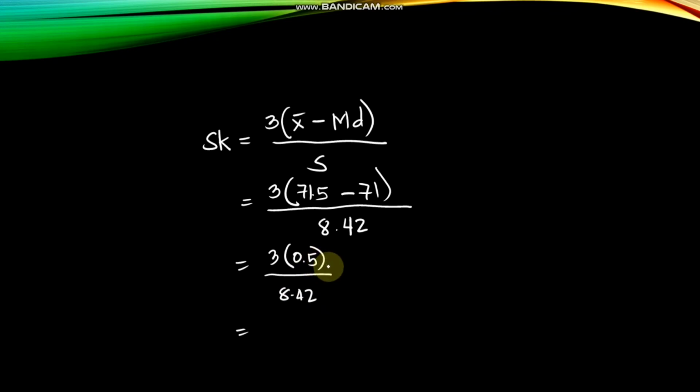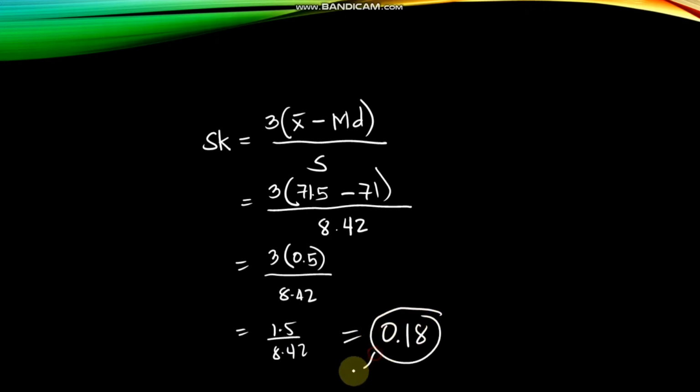Then 3 times 0.5, that is 1.5 over 8.42. When we divide that, that is 0.18. So this is the value of SK, or skewness. So is it positively skewed or negatively skewed?